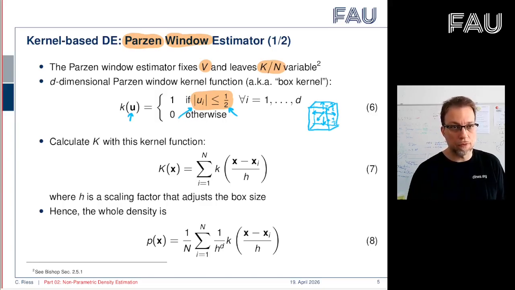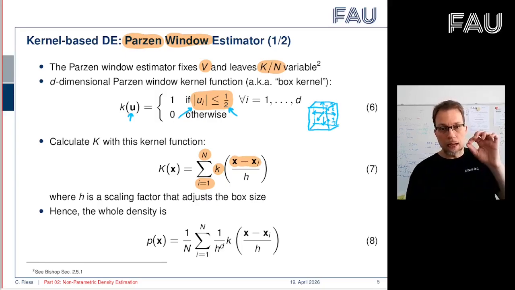So if we look at the function, we have a total function where we go over all samples from 1 to n and evaluate this function k for position x. So we look at position x, look at the difference to the ith sample in our data set, and scale this by some factor h.